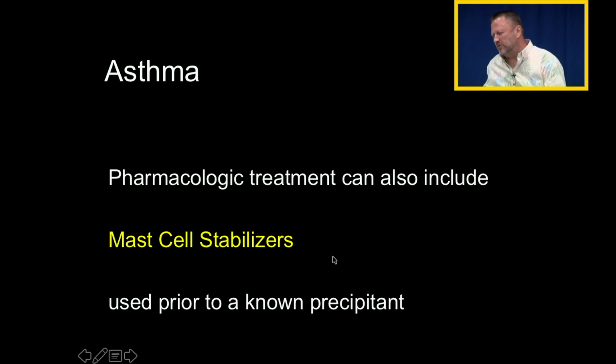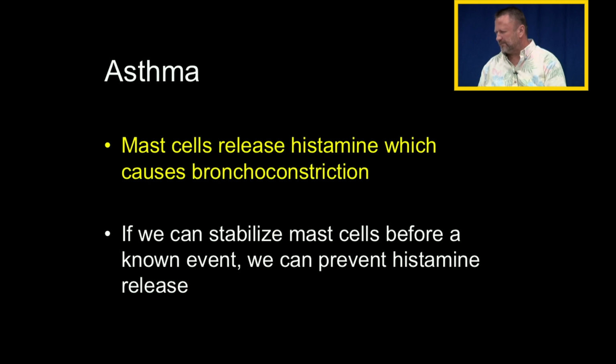And so we can use mast cell stabilizers before we know something's going to bother them. So somebody's allergic to the horses at the fair, they know they're going to the fair, and maybe it's the grass. Well, they can use a mast cell stabilizer before to prevent histamine and leukotriene release.